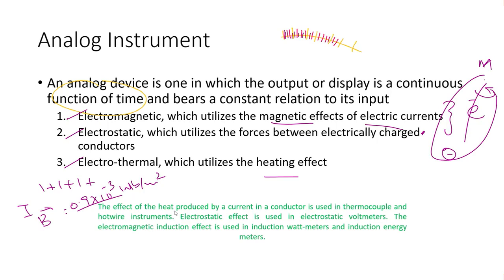The effect of heat produced by current in a conductor is used in a thermocouple. Electrostatics is used in the static voltmeter, so we find voltages using a capacitor, etc. The electromagnetic induction based instruments are the wattmeter, induction meter, etc. So these meters use these three phenomena.